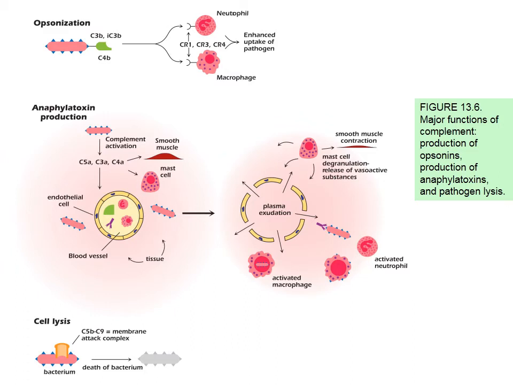Now, in this case, if you pay attention to the middle figure over here, there is C5a, which is the most important anaphylatoxin, and then again there is C3a. C4a is a little bit less important, but all of them, as you can see from this figure, if you compare the vessel on the left to the vessel on the right, activate vascular endothelial cells.